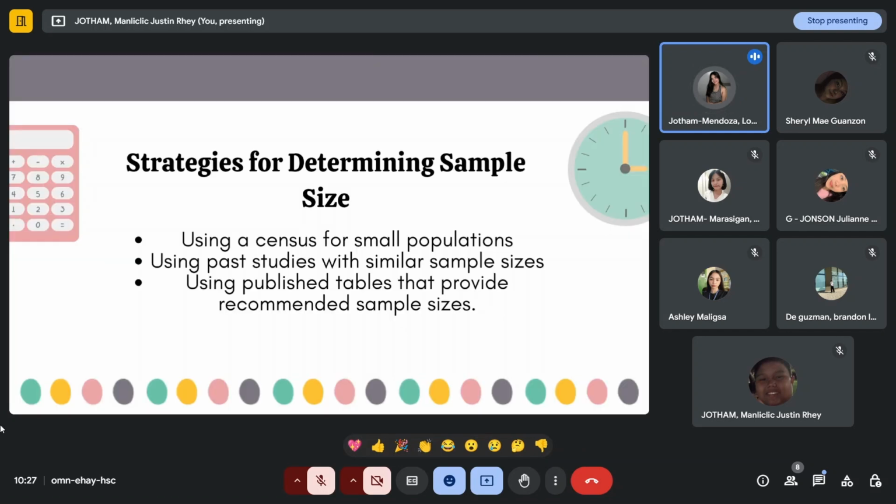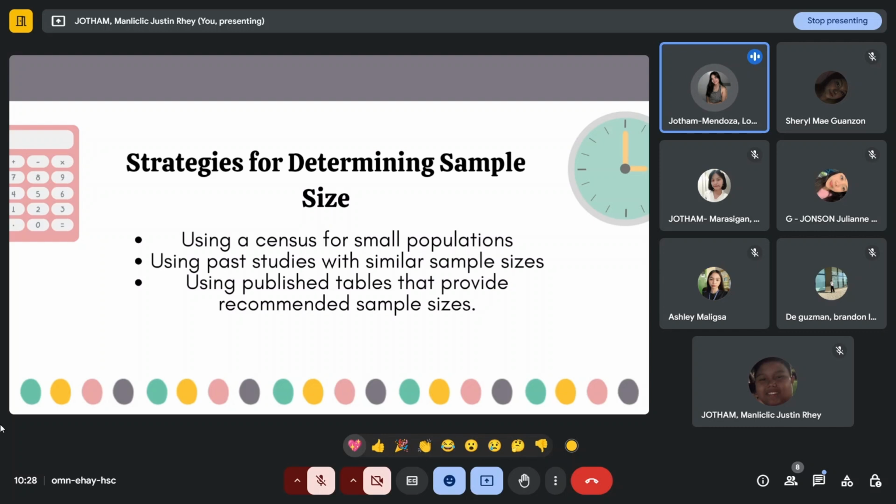There are several ways to determine the correct sample size. The first one is using a census for smaller populations, second is using past studies with similar sample sizes, and lastly, using published tables that provide recommended sample sizes.